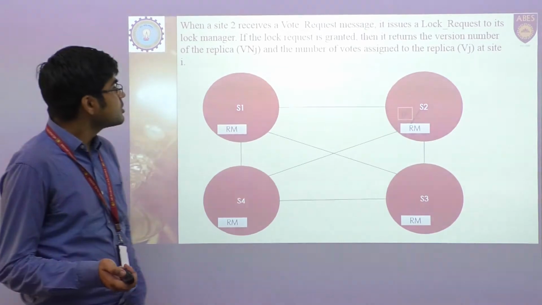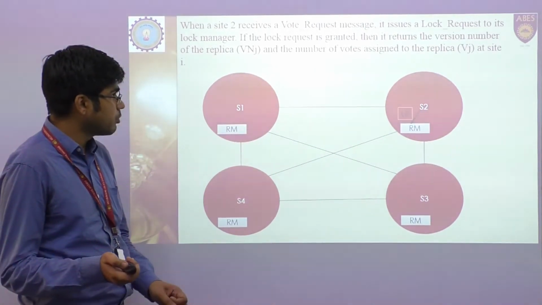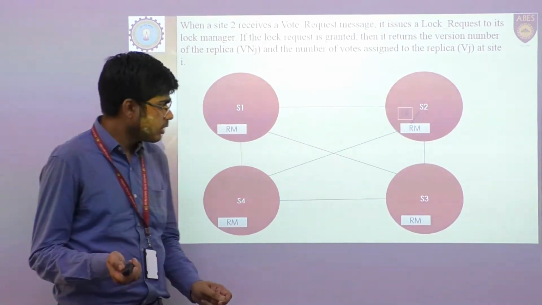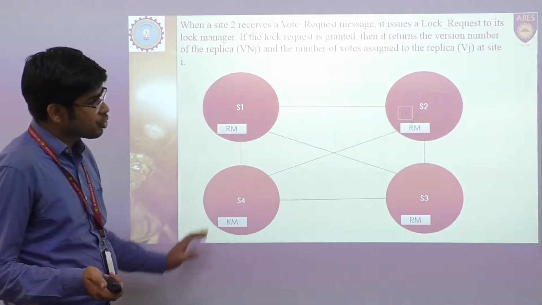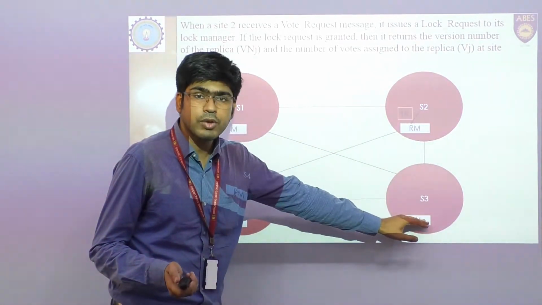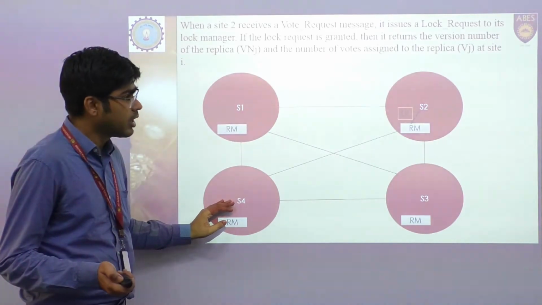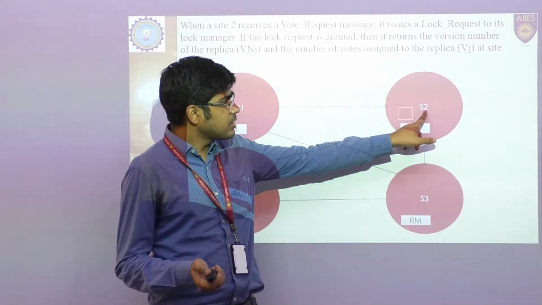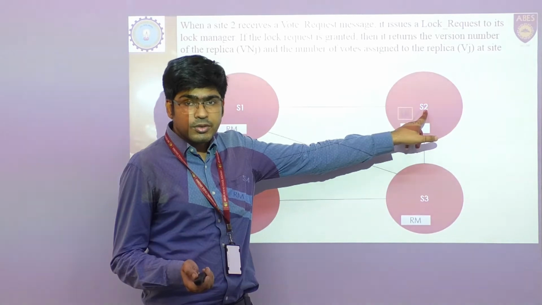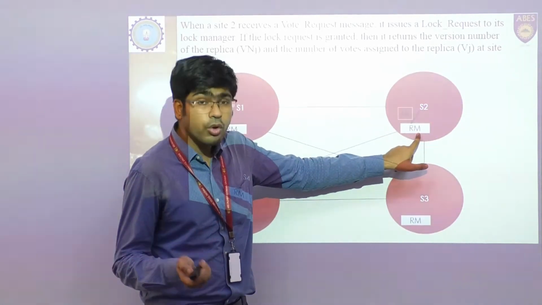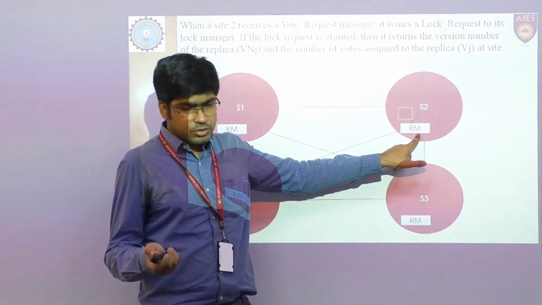Once site 2 receives the vote request, it issues a lock. I am going to show this scenario for S2; the same scenario works for S3 and for S4. Once S2 has received the request, it will send a lock request to its local resource manager.